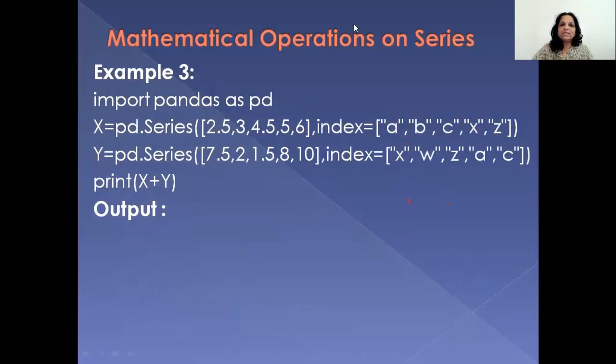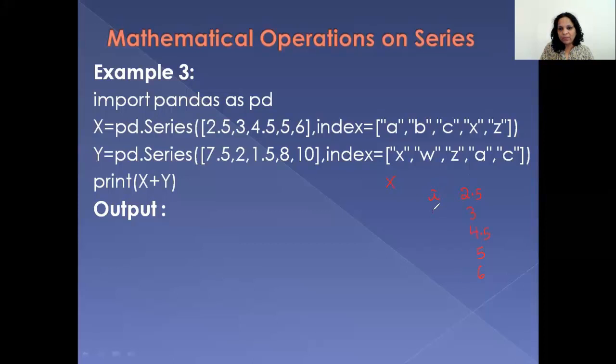Now, in this series that you see here, I have created a series where I have given label names. So let me draw the series X for you. The values continue to remain the same: 2.5, 3, 4.5, 5, and 6. And now, instead of using the positional labels, I'm using the named labels.